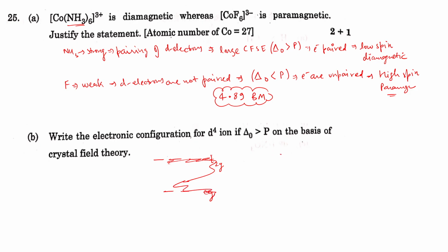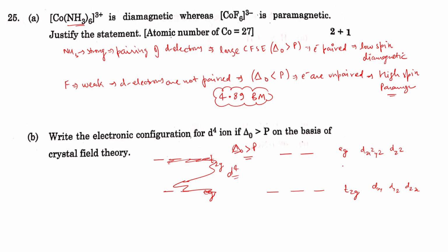We have eg and t2g like this: t2g in the ground state and eg at the higher energy level. The eg orbitals are dx²-y² and dz², whereas these are dxy, dyz, dzx. So when it is d4, and that too when Δo is greater than pairing energy.